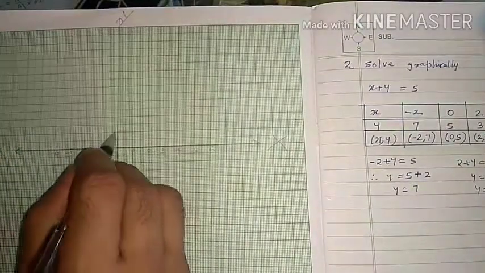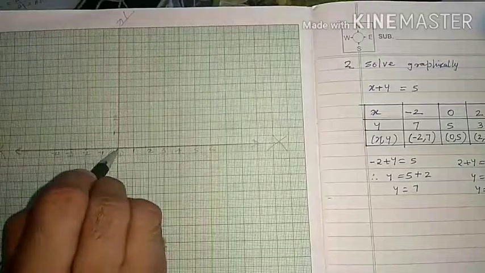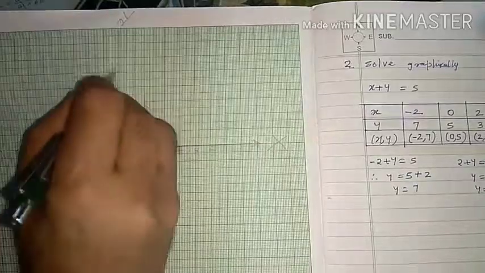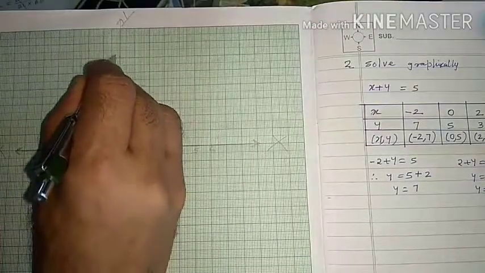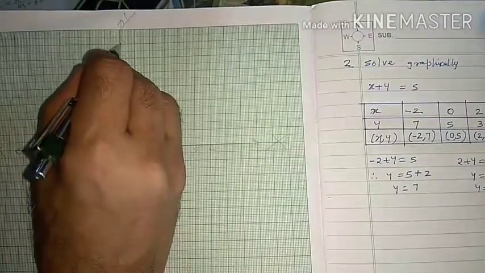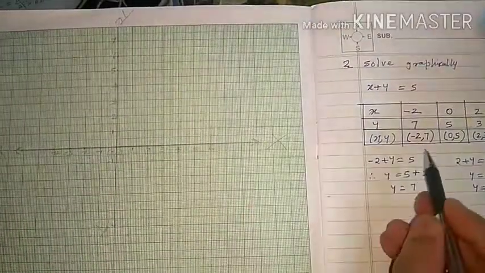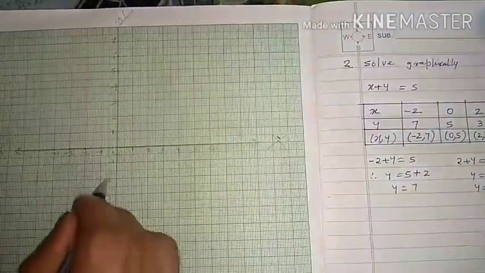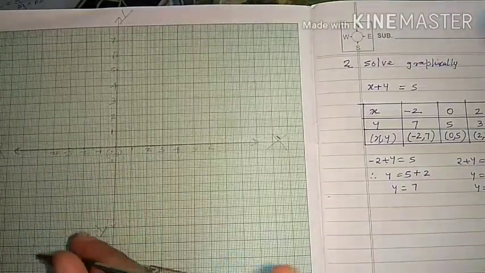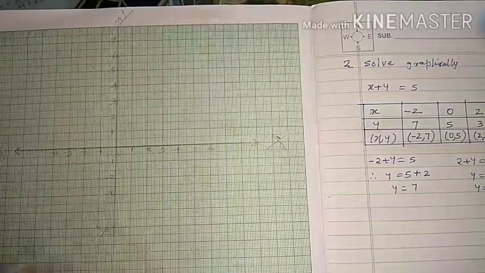Y values we take here now: 1, 2, 3, 4, 5, 6, 7. And here it is minus 1, minus 2, minus 3, and so on.